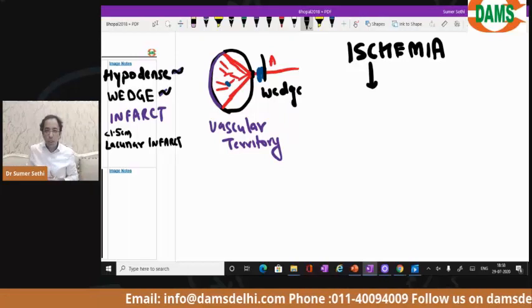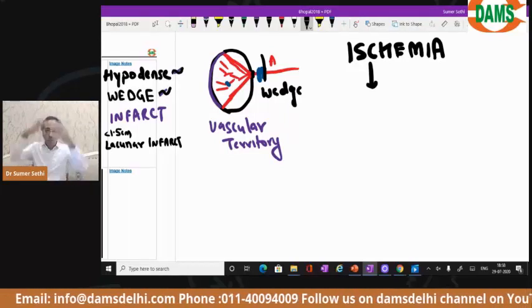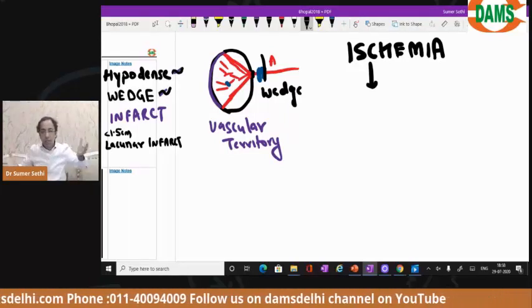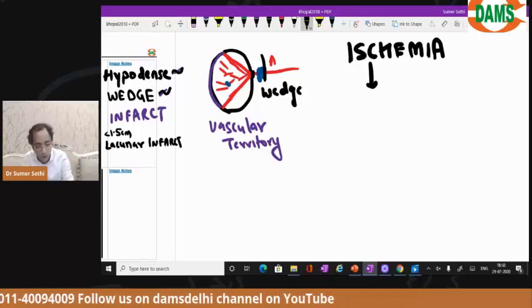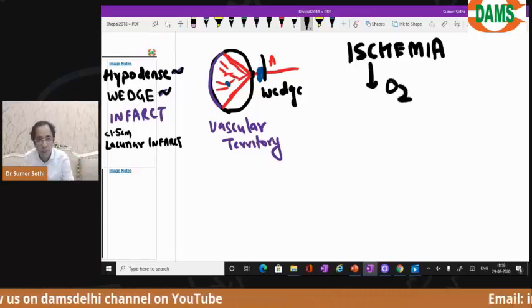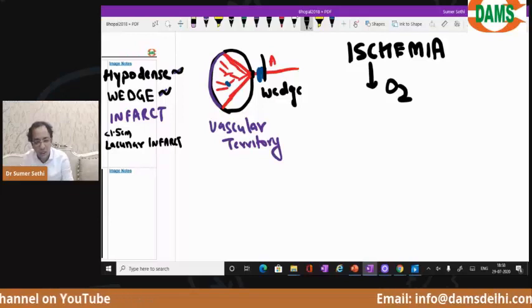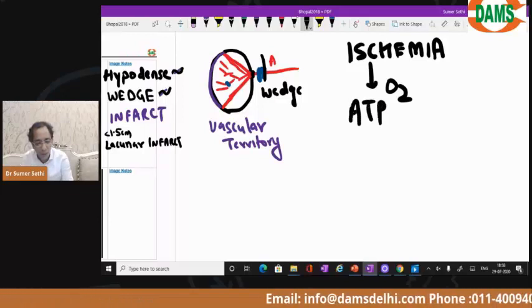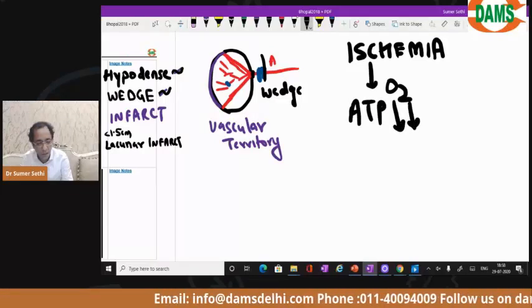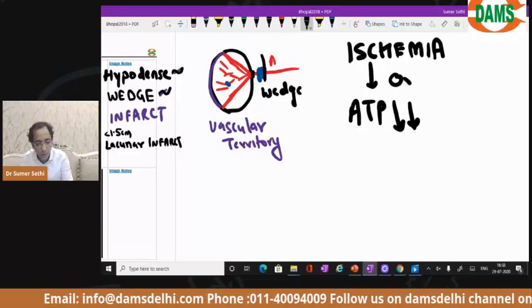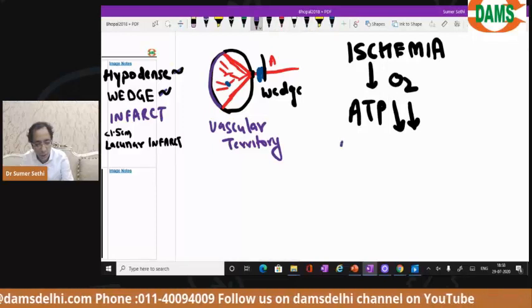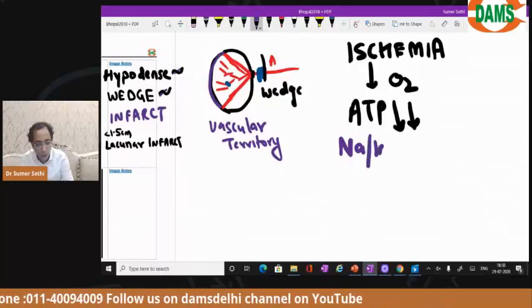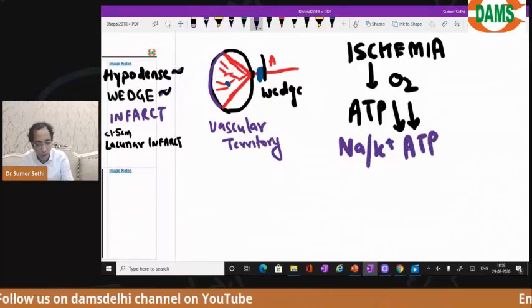We need oxygen to burn the glucose, and oxygenated blood is coming from the arteries to the brain. If the artery is blocked, oxygenation of the brain is blocked. If oxygen is not there, ATP will not be produced. The ATP in that area will be reduced. Do you agree? Yes. If ATP is not there, sodium potassium ATPase cannot function.